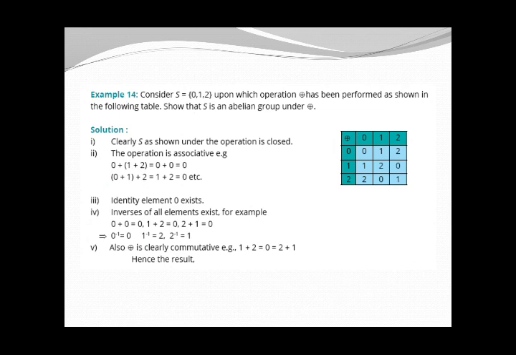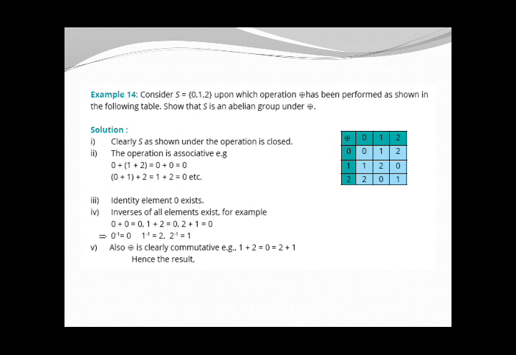If we add 0 to all these numbers, the numbers are the same. 1 plus 2 is 3, but because it is the residue of 3, when we subtract 3 from 3 it becomes 0, and the last number is 2 plus 2 is 4, but if we subtract 3 from 4 it becomes 1.